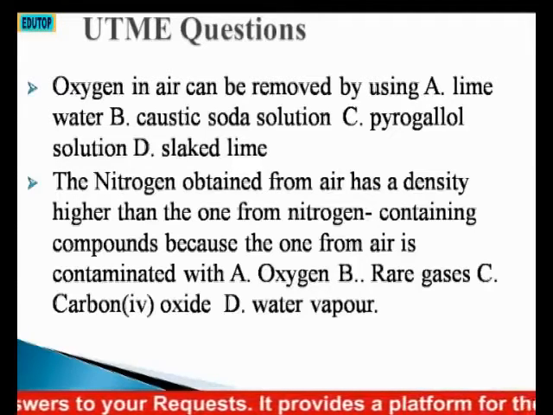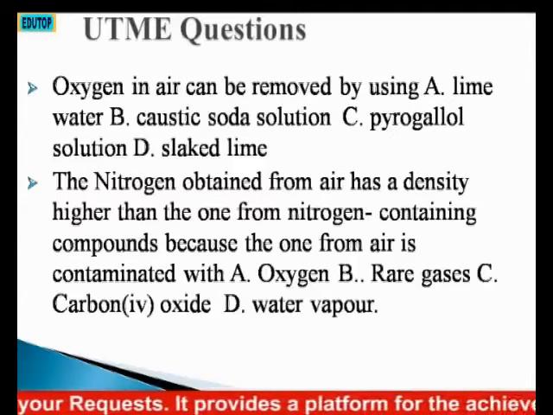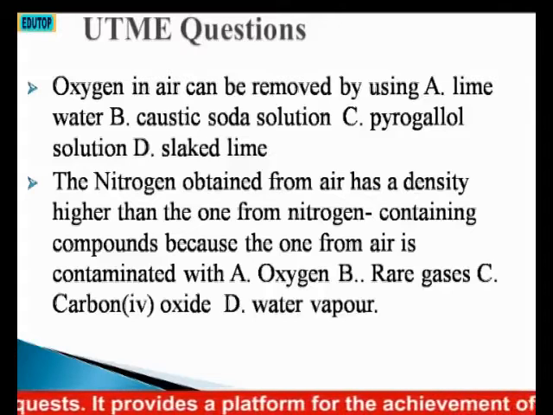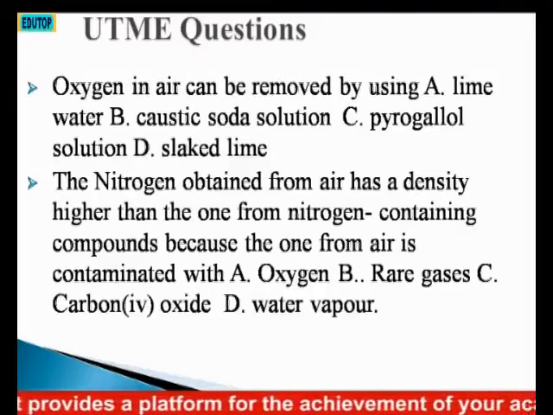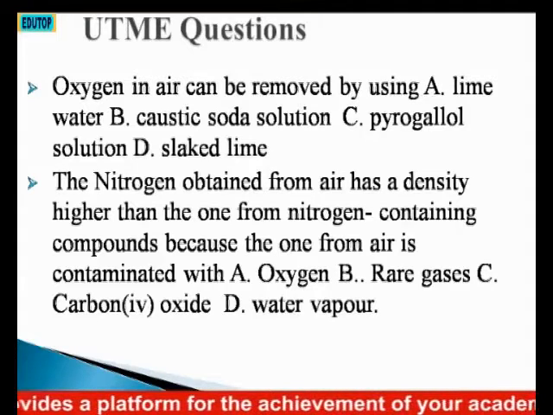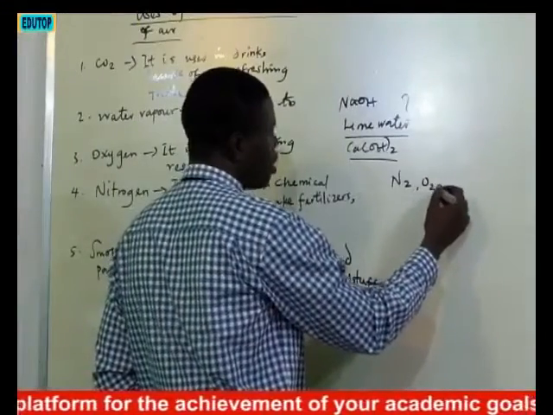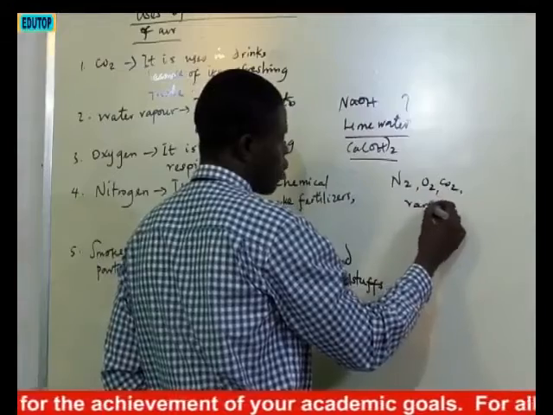Question 2. The nitrogen obtained from air has a density higher than the one from nitrogen-containing compounds, because the one from air is contaminated with what? Nitrogen obtained from air has nitrogen, oxygen, carbon(IV) oxide, then rare gases, or noble gases. Take note of that.